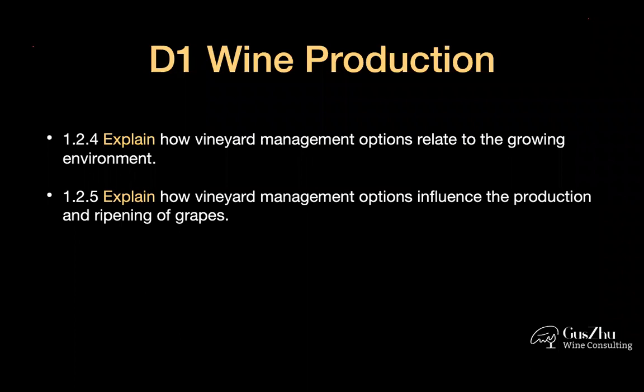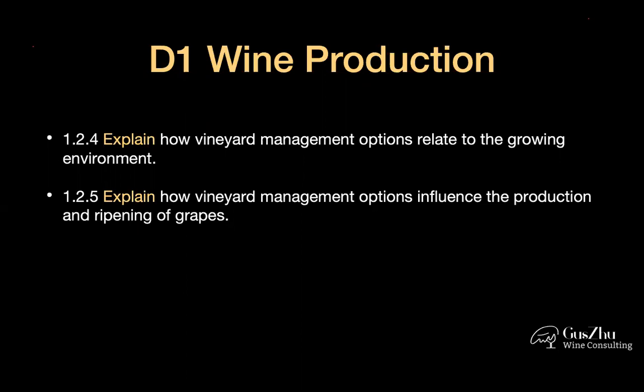Let's stop there, okay? If you think about these kinds of criteria, we're looking at the yield over here. First of all, they didn't ask you to memorize the typical or maximum permitted yields in certain regions.